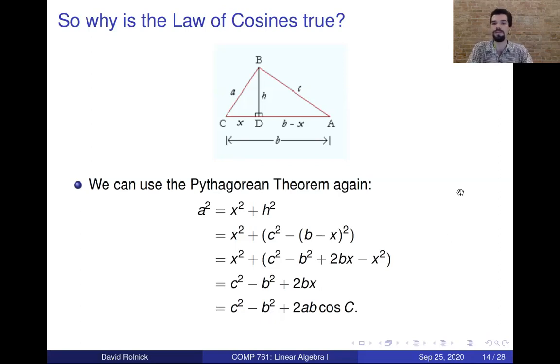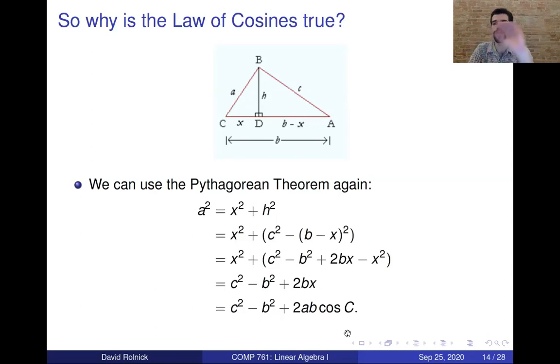Are there questions? Where do the sine and cosine functions come from? So I'm not going into the definitions of sine and cosine, but you can just define them as the adjacent side of a right triangle over the hypotenuse and the opposite side of a right triangle over the hypotenuse.